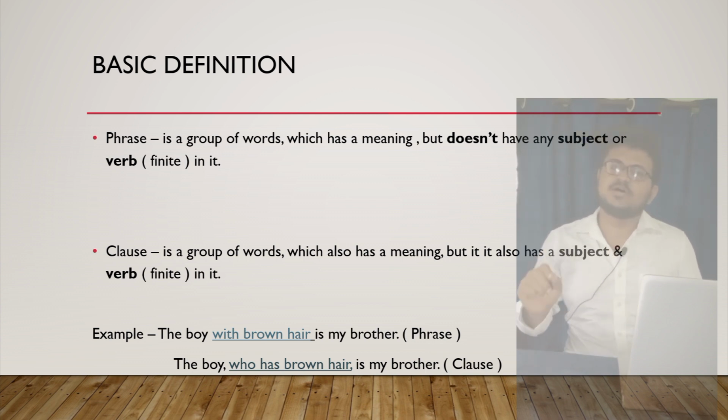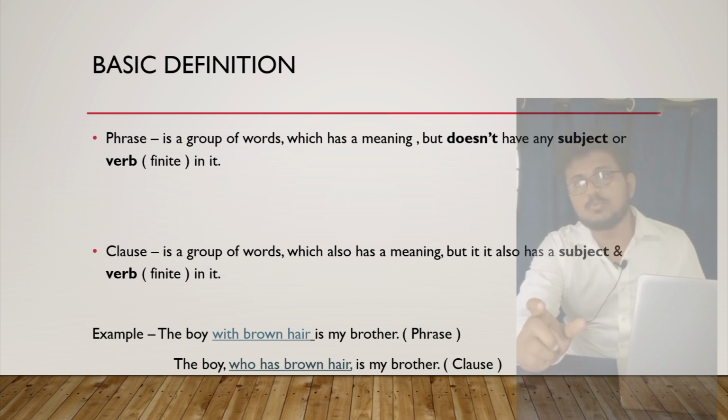This subject, verb, object format is the basic structure of a sentence. But a phrase does not follow this pattern, and a clause does. Both are groups of words, but a phrase does not follow this sentence-like structure, but a clause follows.